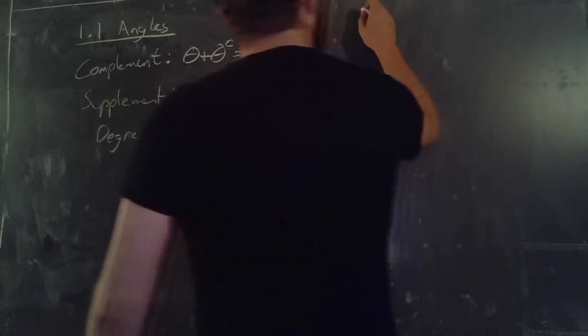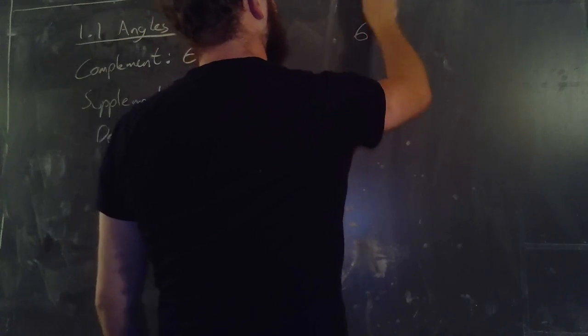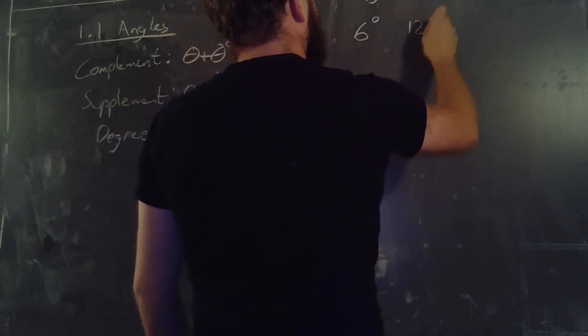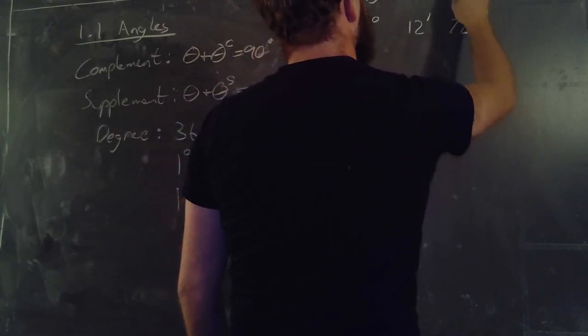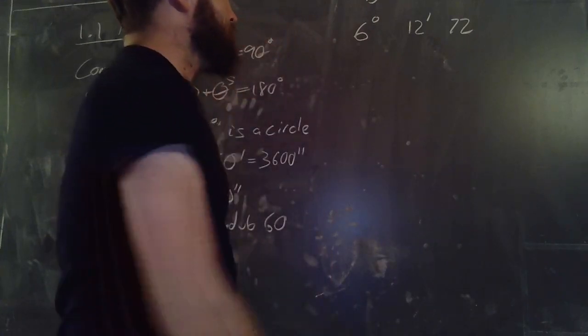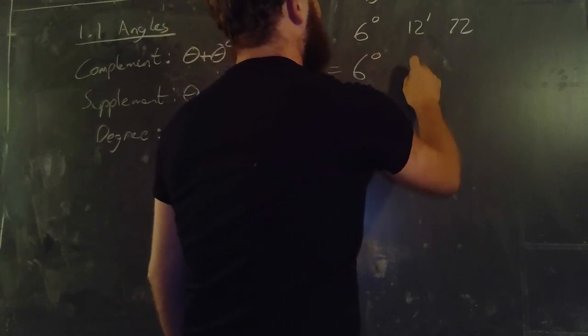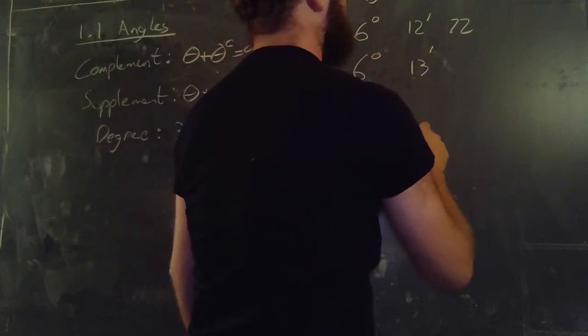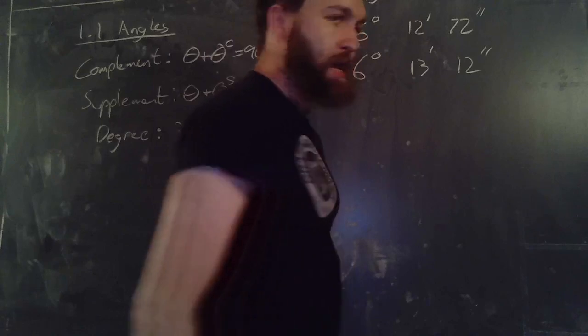So, for example, if I have 6 degrees, 12 minutes, and 72 seconds, this is equal to writing 6 degrees, 13 minutes, and 12 seconds.